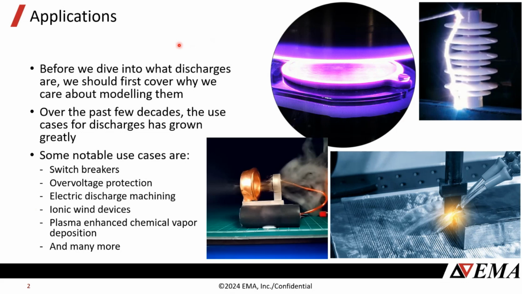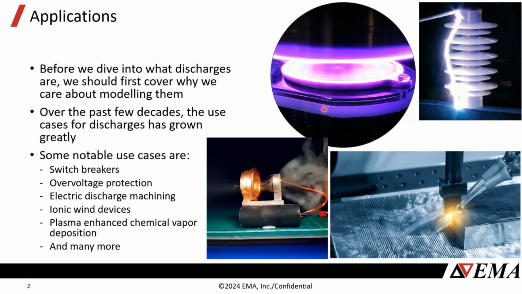And so some common and notable use cases are going to be for switch breakers and overvoltage protection, like what's shown in the top right here, as well as electric discharge machining, shown here in the bottom right, which is a high tolerance machining process. There's also ionic wind devices that use plasmas to generate wind, which can be used for cooling or other applications.